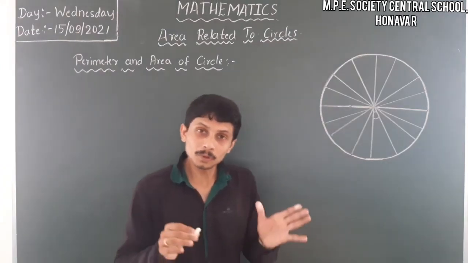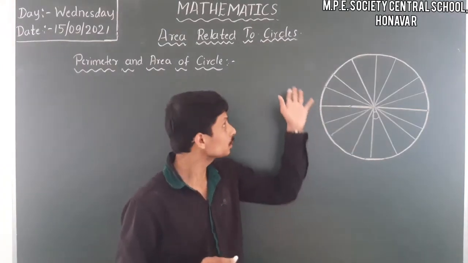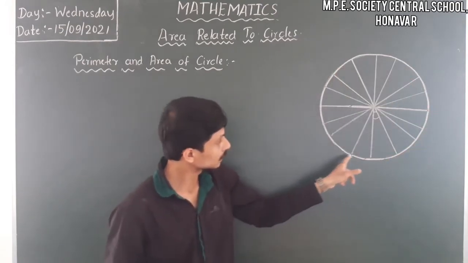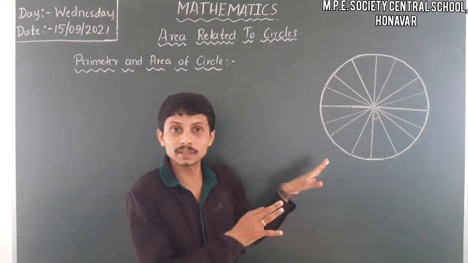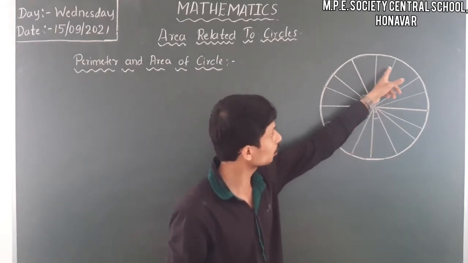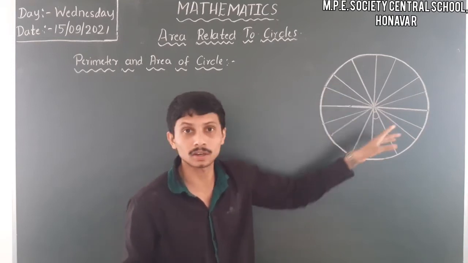Before finding the area of the circle, here we split this circle into a number of parts. Just observe, there are so many parts. It is looking like the Ashoka Chakra.